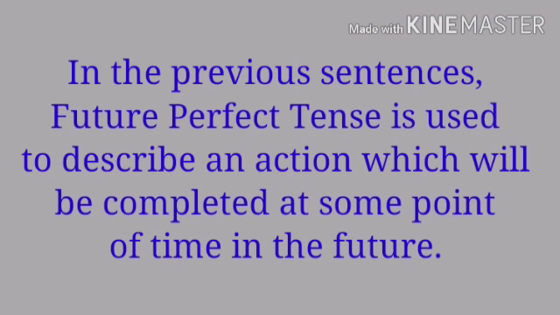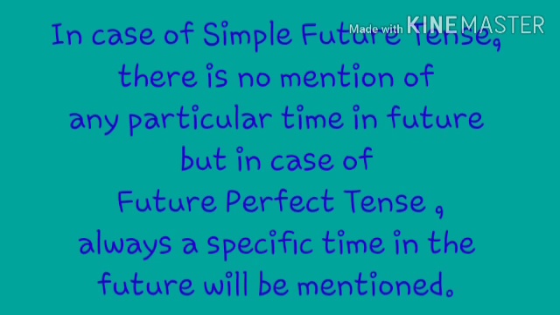In all these previous sentences, students, you must have noticed that we are using a particular time, we are mentioning a particular point of time of future when we are describing the answer. So it is very much clear that for future perfect tense we have to mention a particular time or a point of the future.